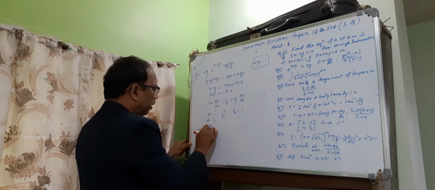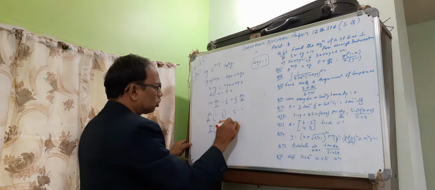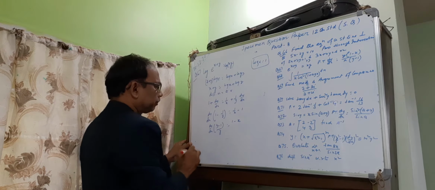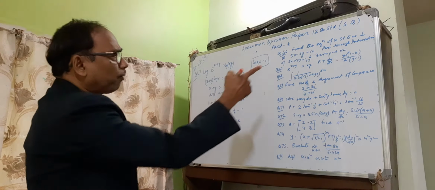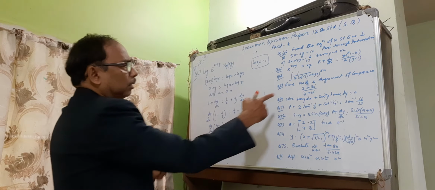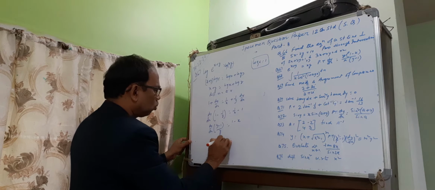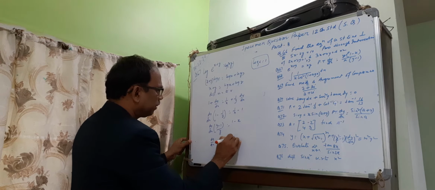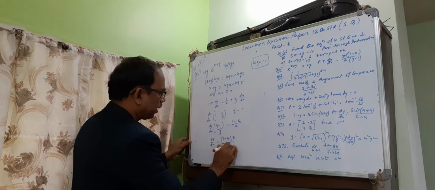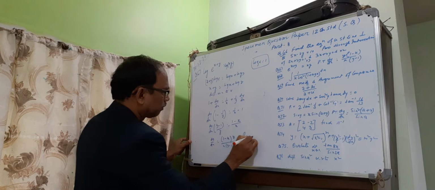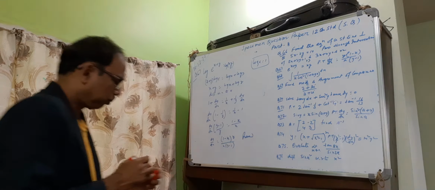Then dy by dx into y minus 1 by y equals 1 minus x by x. We have to find dy by dx, which equals 1 minus x into y, denominator is x, by x into y minus 1. Proved.